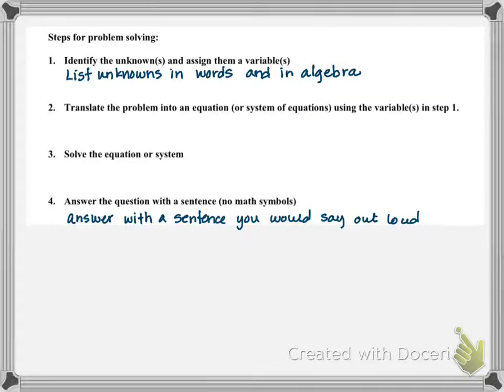Nobody talks that way. So if you're writing a sentence, it wouldn't make sense for your sentence to be x equals 18 either. We start with an application problem that has no math in it, and in this last step, you should be ending with a sentence that has no math in it. The algebra is what we use to get from point A to point B. But then you want to come back to the real world and say, I am 18 years old, not x equals 18. Good stuff?